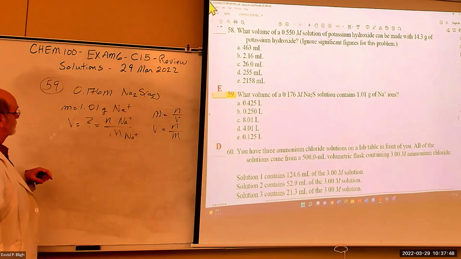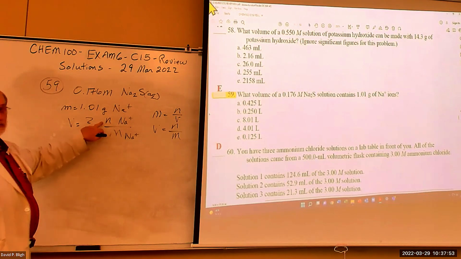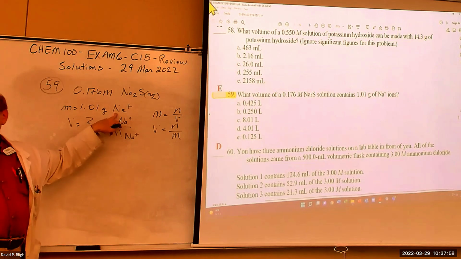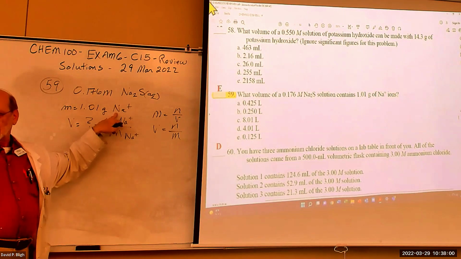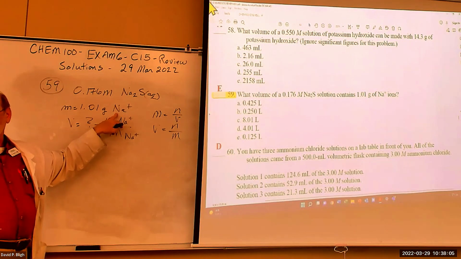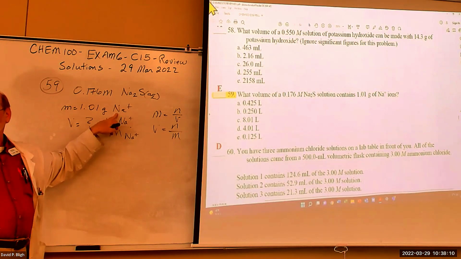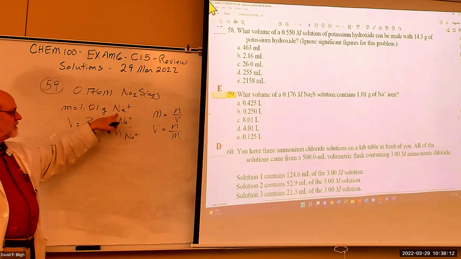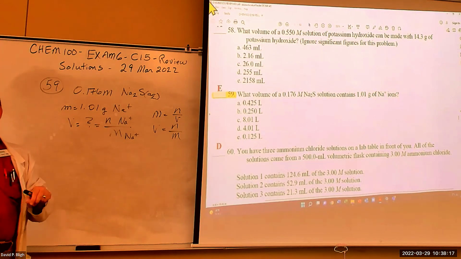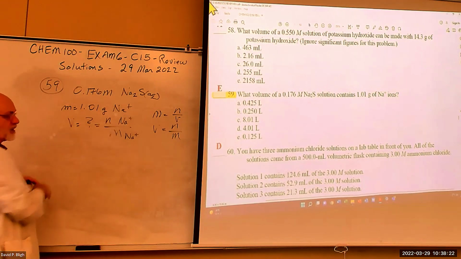So can we find moles of sodium ions? We have to understand, in order to do this calculation, that a sodium ion is virtually the same as the sodium atom, because the electron is 1/1800th of the mass of a proton. So the loss of that one electron has virtually no impact on its molar mass. So we can take the molar mass of sodium and find out how many moles of sodium ions we have.